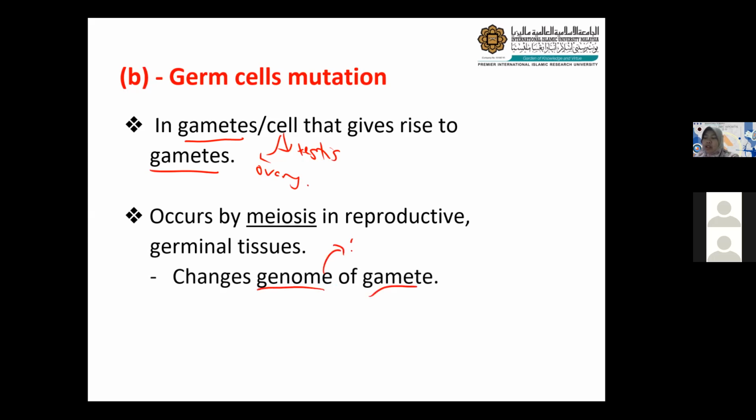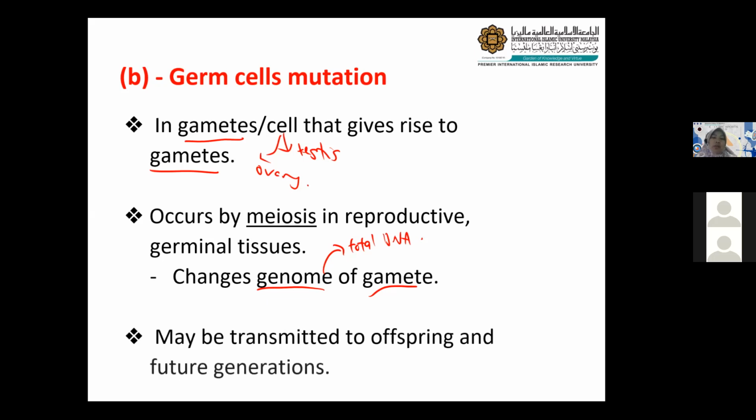Remember, genome is the total DNA. It can be transmitted to the offspring and also future generations. This is the difference between germ cell mutation and somatic mutation.